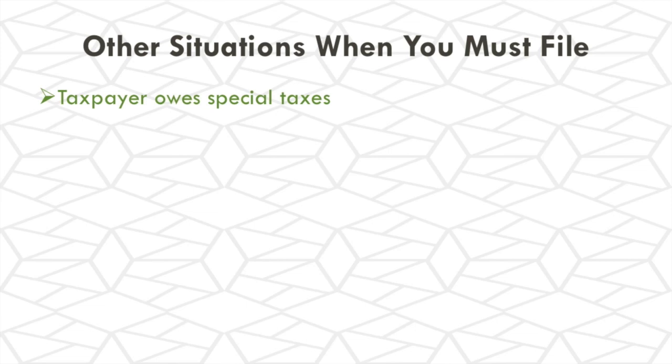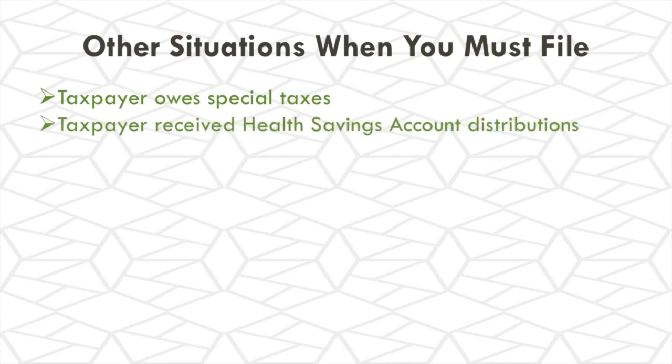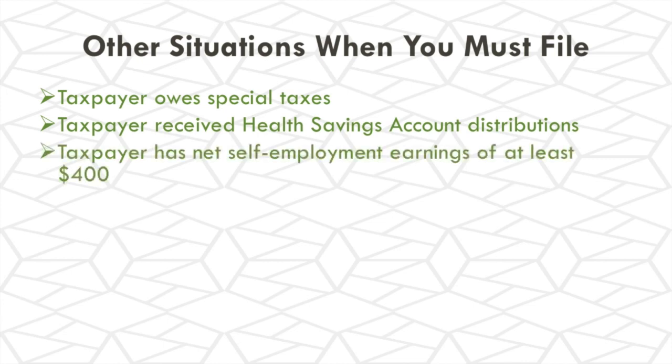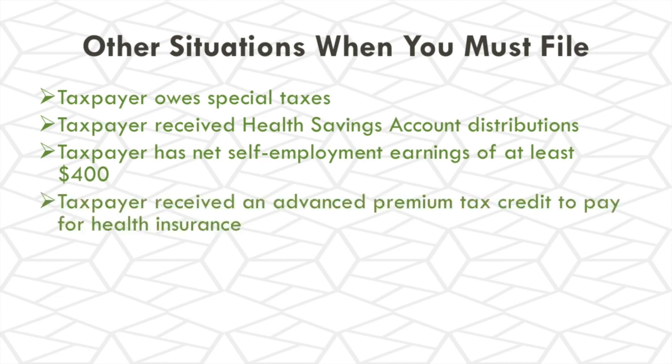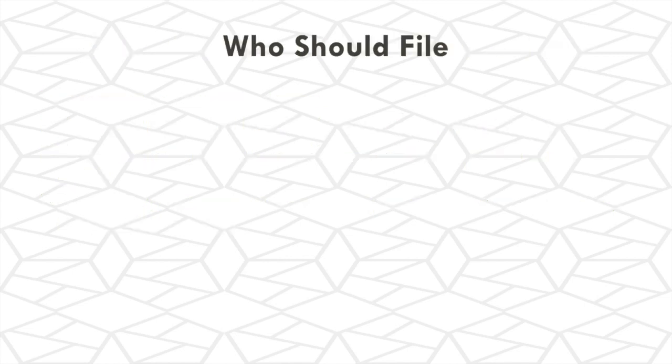For example, if a taxpayer owes special taxes, we'll talk about what some of those are later in our trainings. If a taxpayer received health savings account distributions, they would be required to file a return. If a taxpayer has self-employment or business income earnings of at least $400, they are going to be required to file a return. If a taxpayer received an advanced premium tax credit to pay for health insurance, they would be required to file.